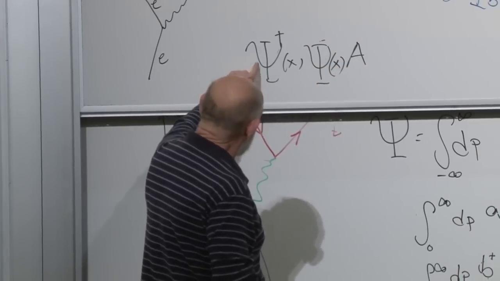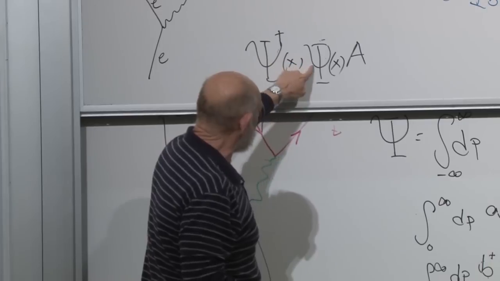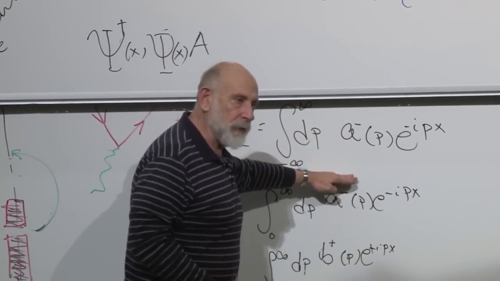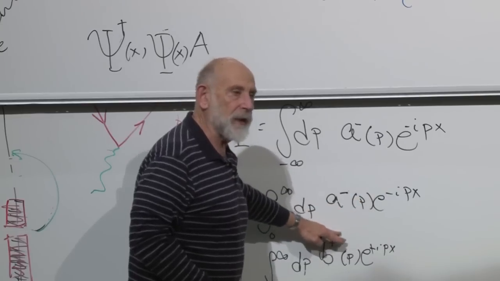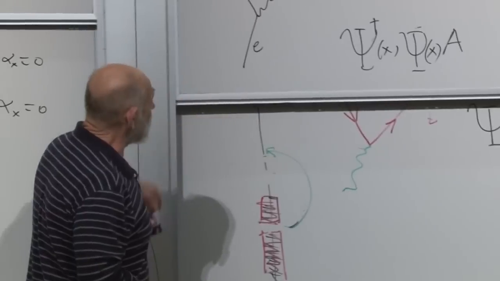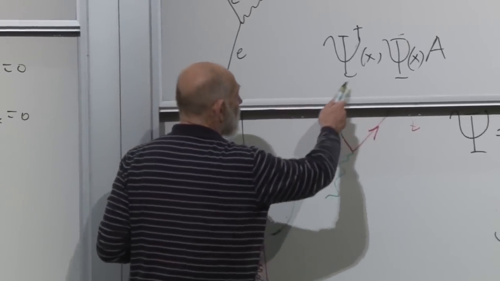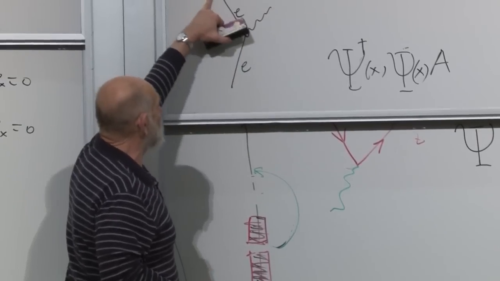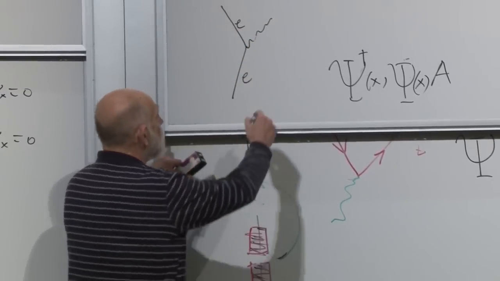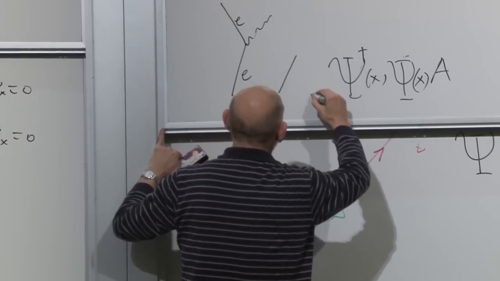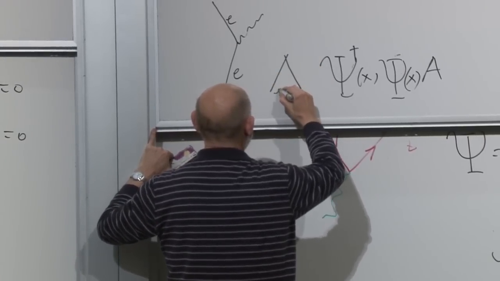But now if you put in the fact that the operators here have two pieces, one with creation operators of one kind of particle and the other annihilation, and the annihilation operator is the other kind of particle, what you find out is that the same operator has contributions in it which are not an electron becoming an electron and a photon, but in fact, for example, an electron annihilating a positron.